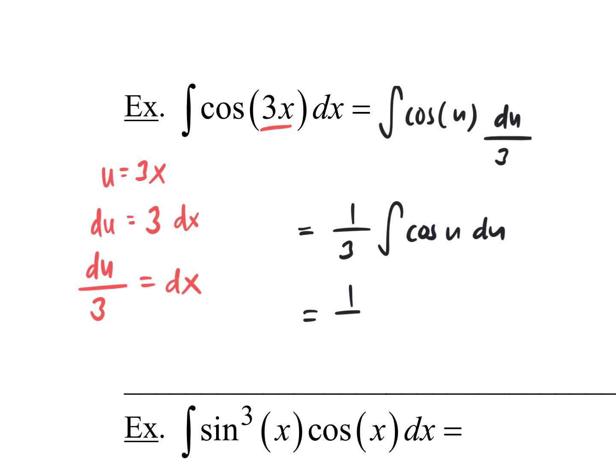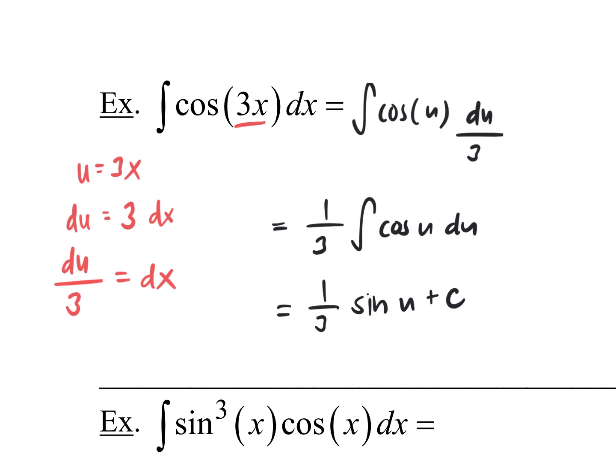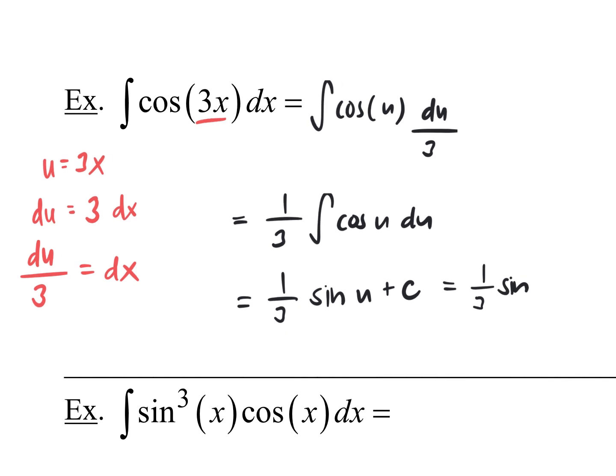So I've got 1/3 times sine of u plus c. And then all we have to do is plug in my u value. So this becomes 1/3 sine of 3x. Okay. Questions on that one?